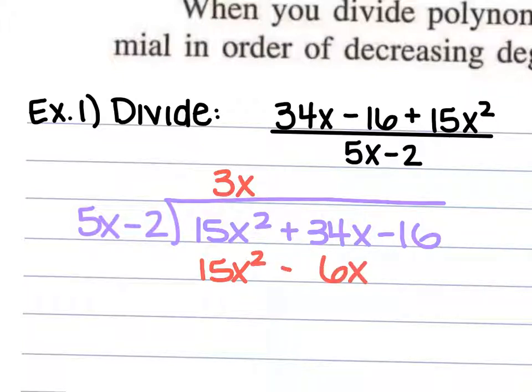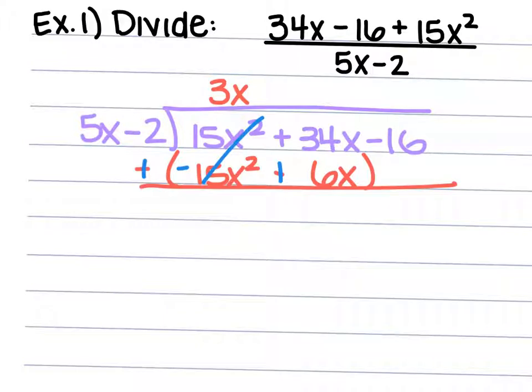I'm going to subtract these, or add the opposites. The 15x squareds cancel out. The 34x plus 6x is 40x. And we bring down my next term, which is that negative 16. So now I have 5x times what is the 40x? Well, if I multiply the 5x by 8, that's going to give me 40x.